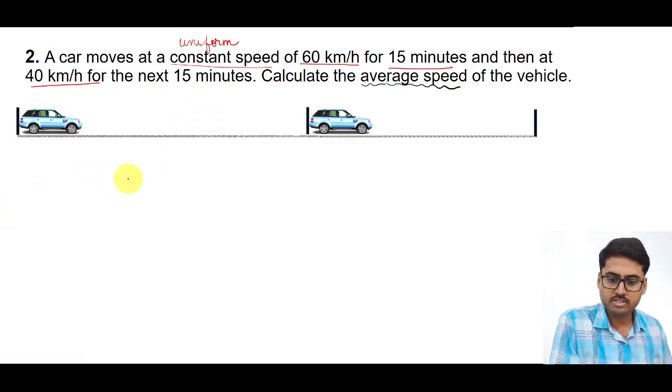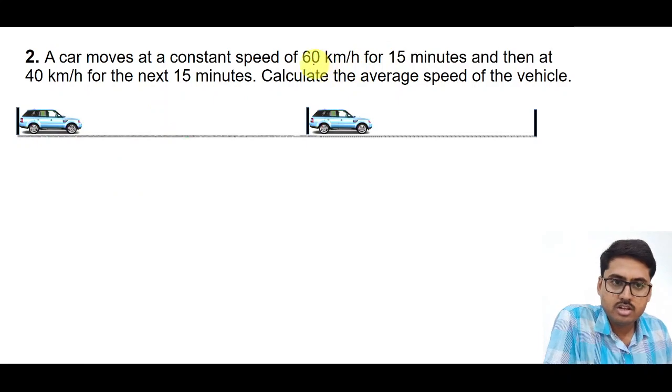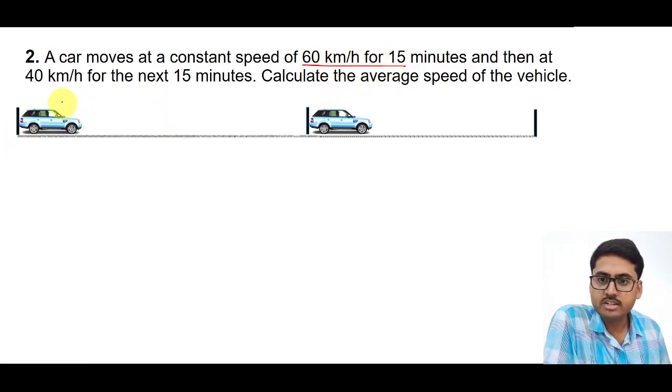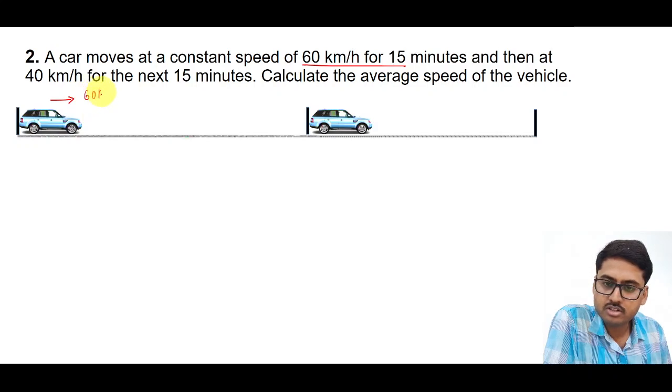So here if I see, in the first interval the car is moving at a speed of 60 km per hour, and it is moving for 15 minutes, right?